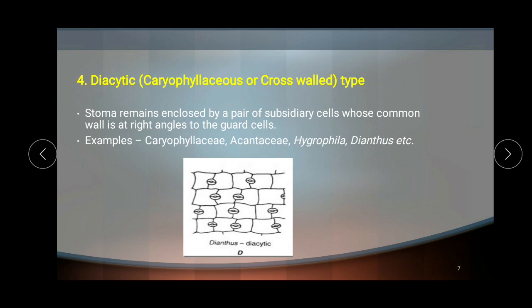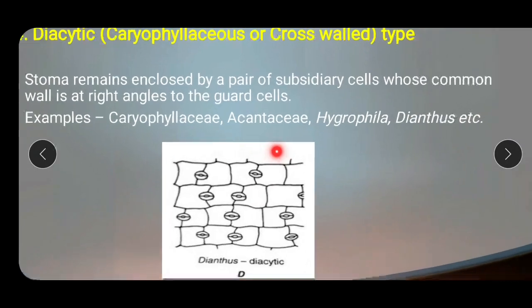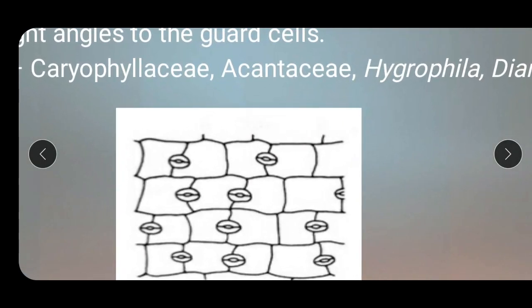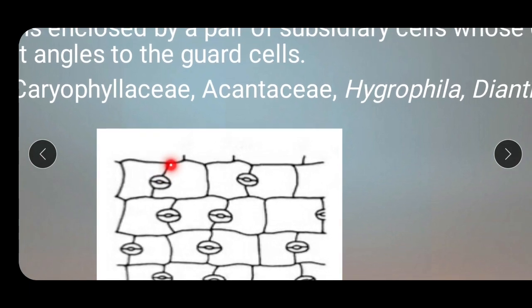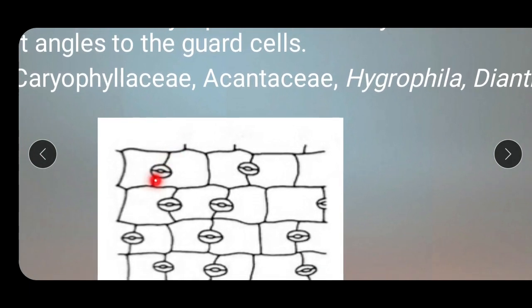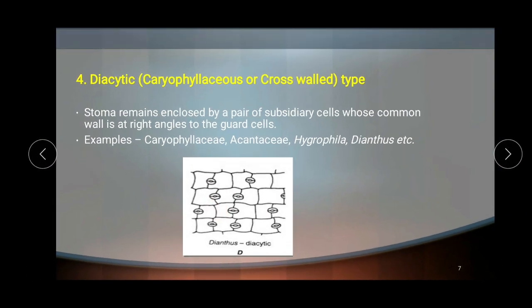That means the common wall of the subsidiary cells is at right angle to the common wall of the guard cells, and to the long axis of the guard cells. That's why it is called a diacytic or cross-walled type.